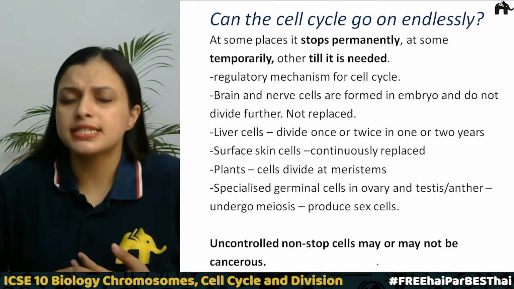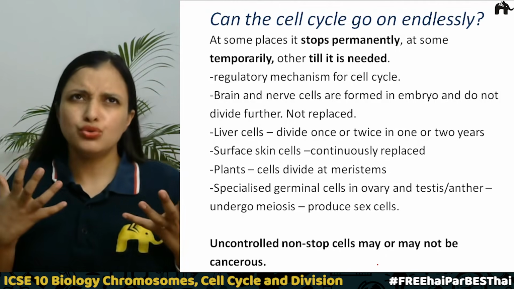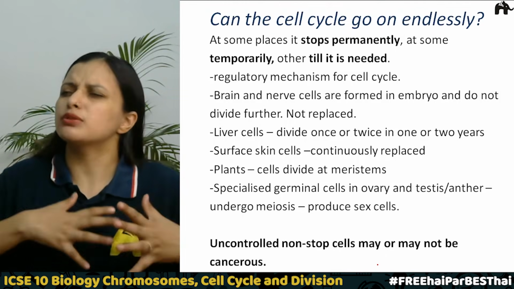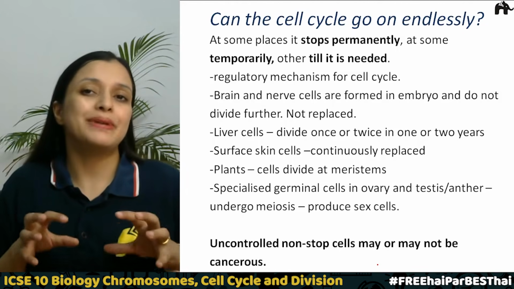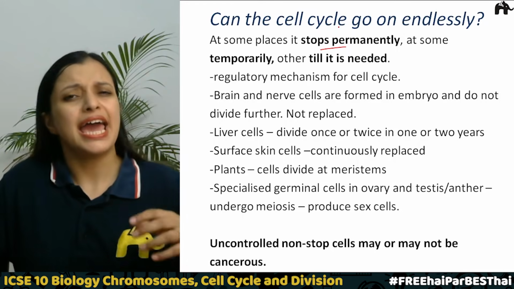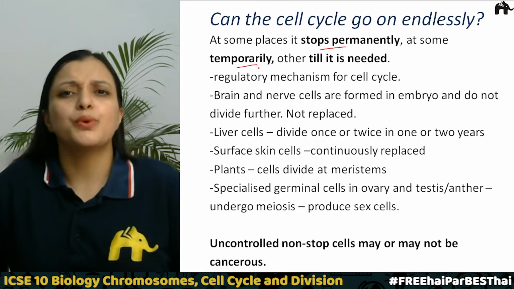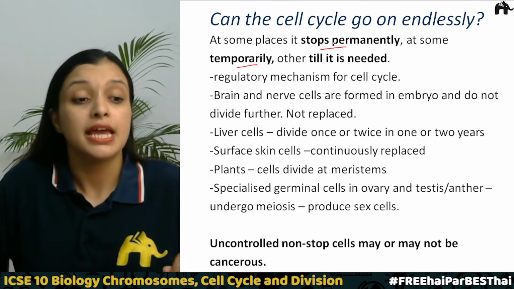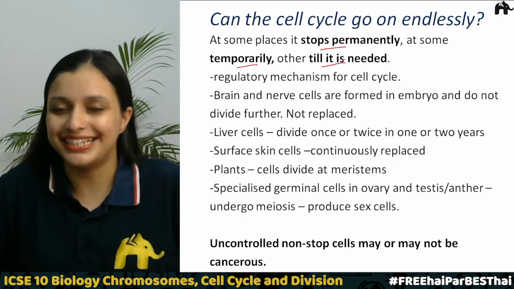Now the question is, can the cell cycle go endlessly? Can you think of a cell division that will go endlessly? The answer is no. At some places the cell will stop dividing permanently. At some it will stop dividing temporarily, and at other places it may stop dividing until it is needed, right?